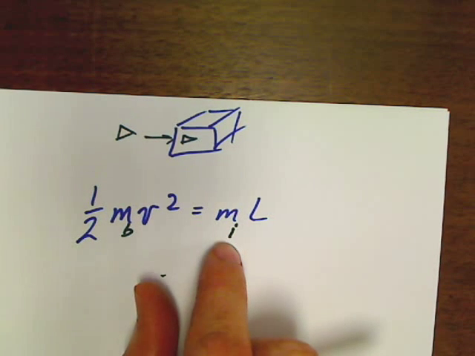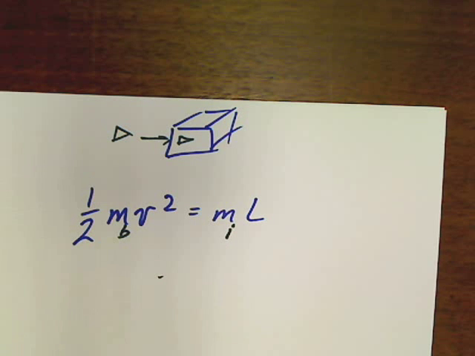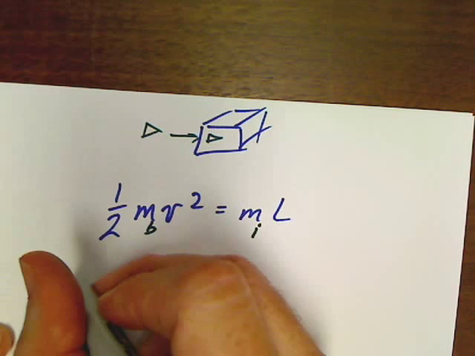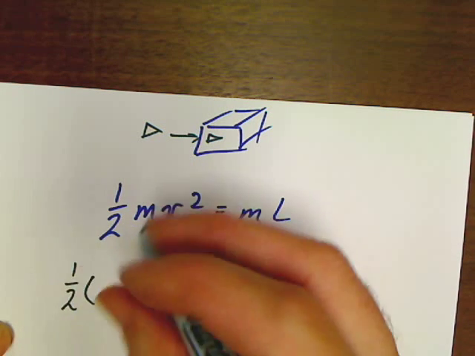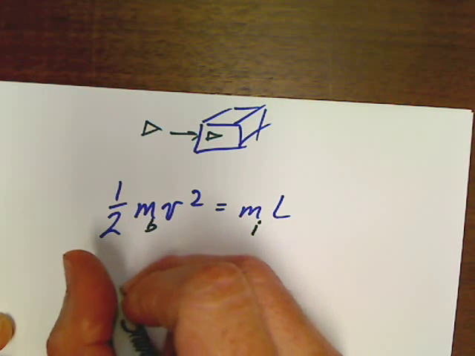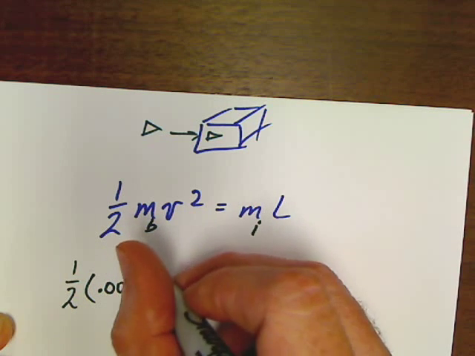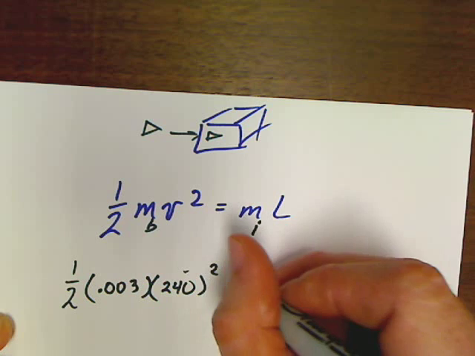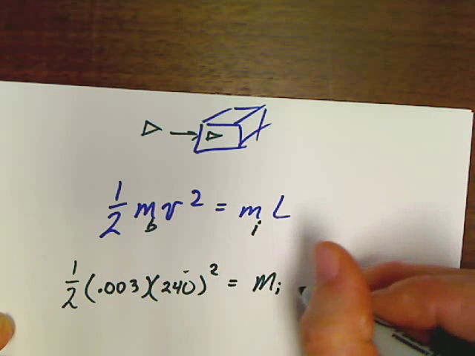And your question is to figure out how much of this ice is going to get melted. Well, all I want to know is how big is the bullet. It says that the bullet, 1/2 times, is 0.003 kilograms, and that the bullet is traveling 240 meters per second, equals mass of ice.